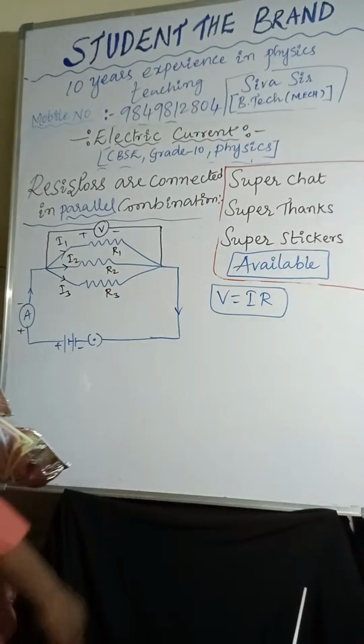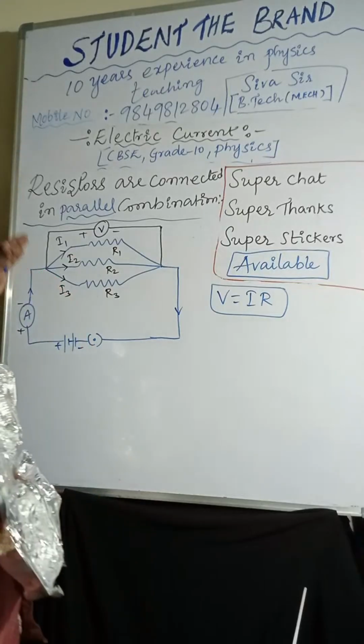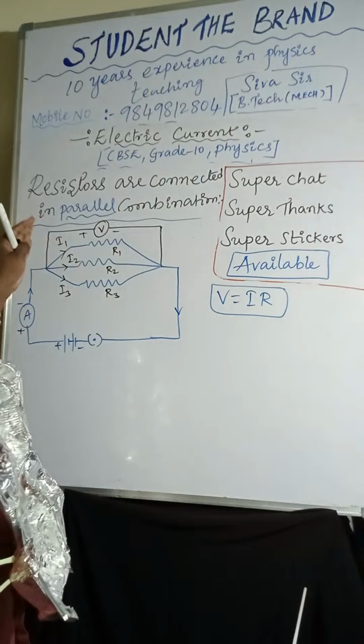So I1, I2, I3. The current is dividing into three parts.